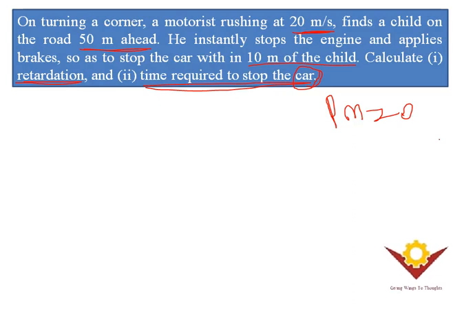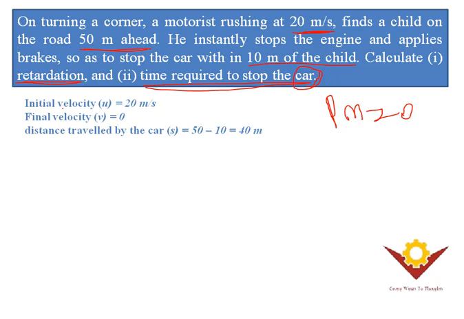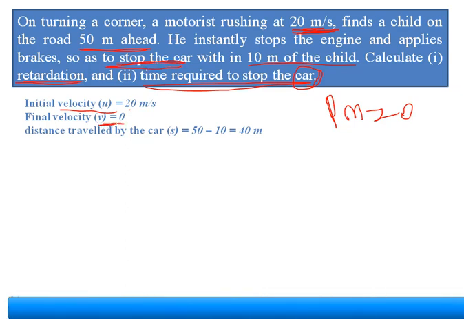Now we'll see the given data. The initial velocity with which the motorist is rushing is 20 meters per second. After seeing the child, he is stopping the car, so the final velocity will be 0.